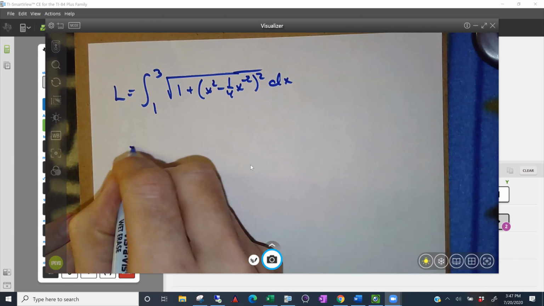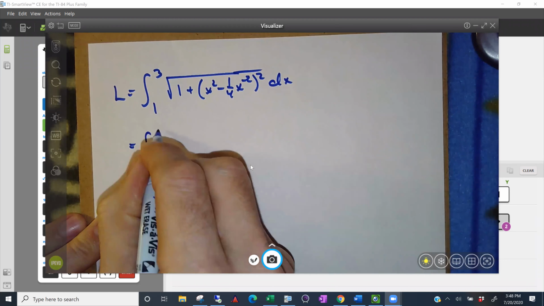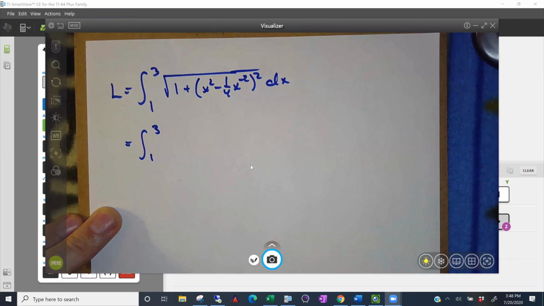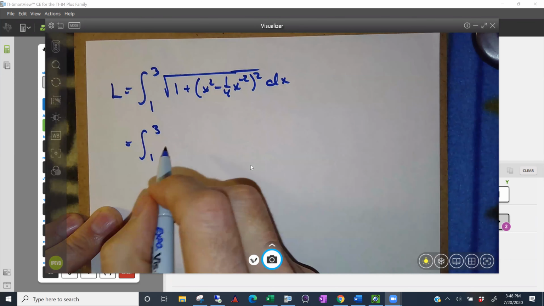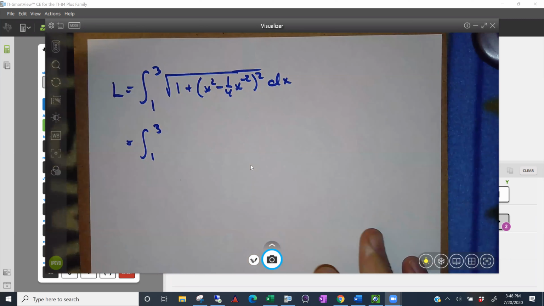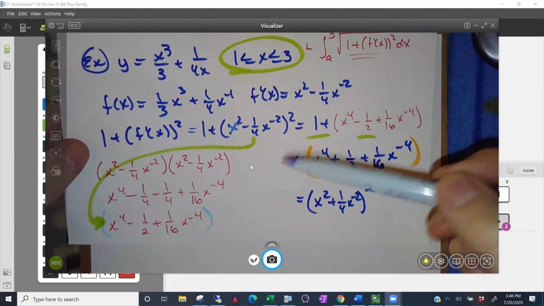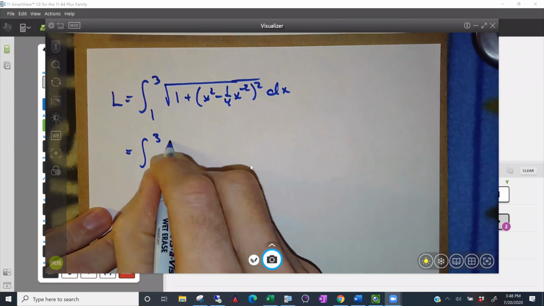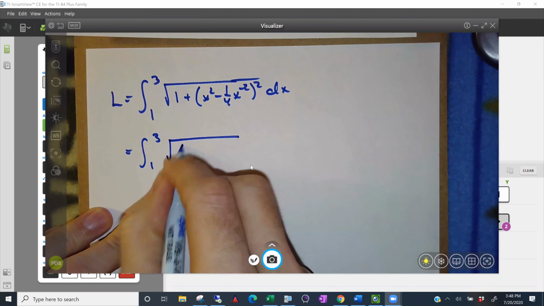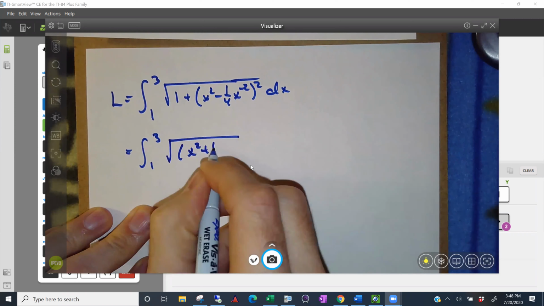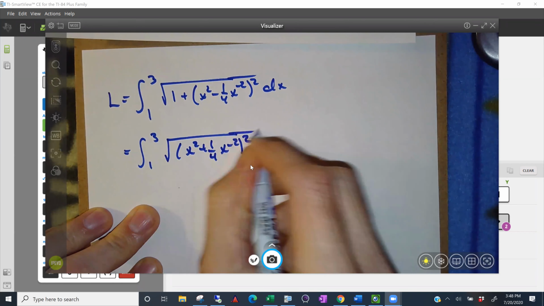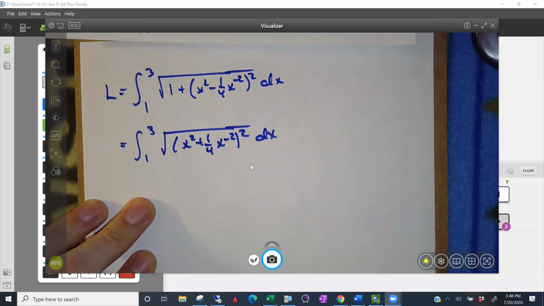But we simplify that. Mr. Barrett, haven't you already added the 1 in? Well, I showed you the algebra here. I'm just going back to the start. So yeah, you're right. This simplified to x squared plus 1/4 x to the negative second squared again, dx.